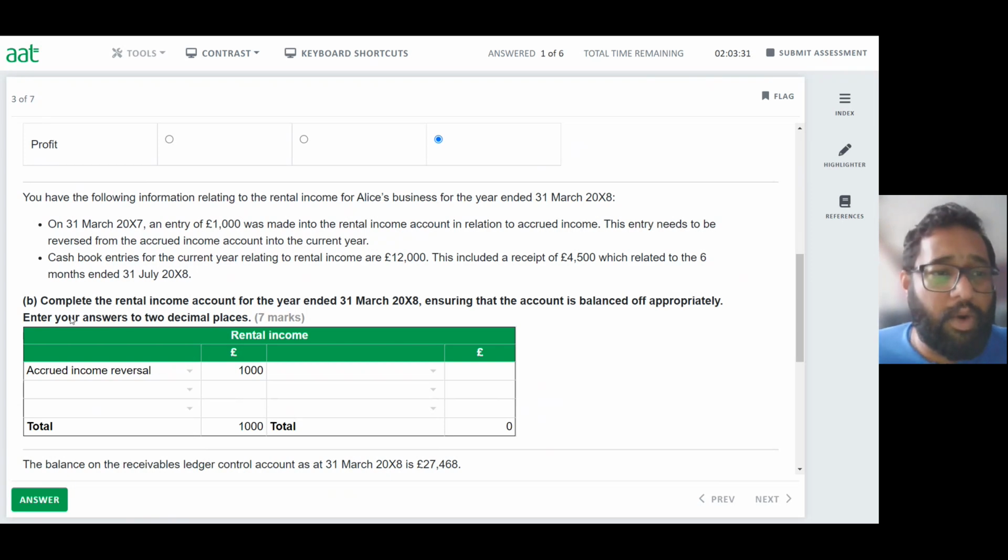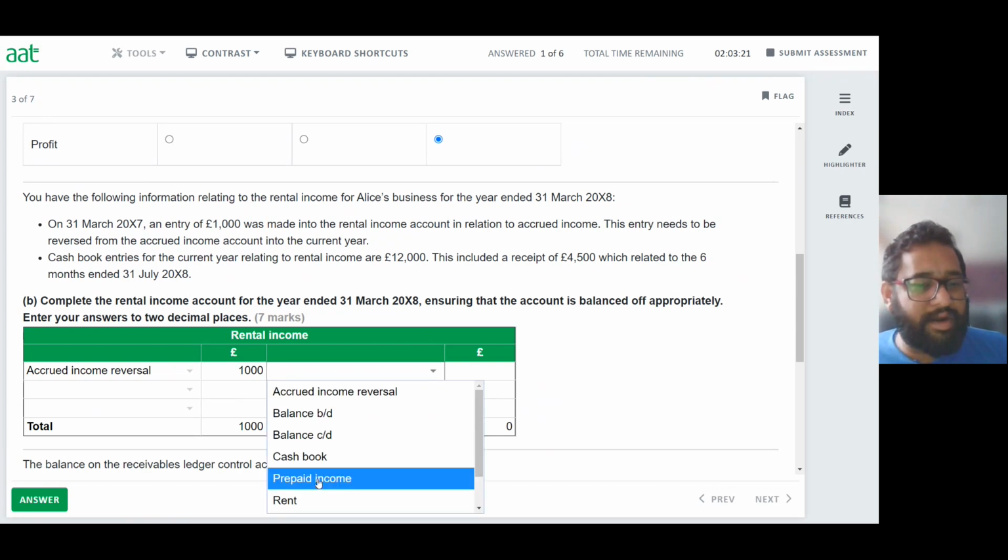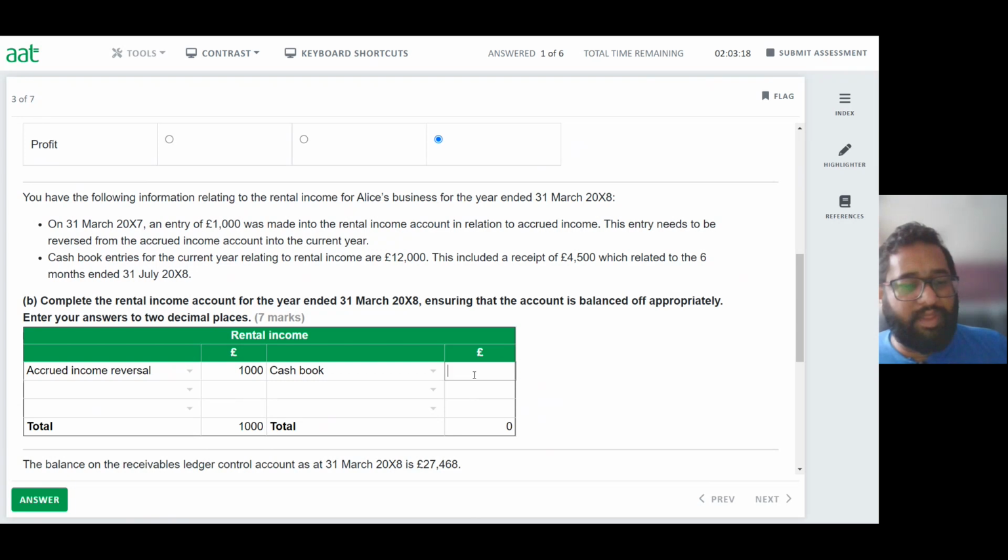The next one, I know the cash book entries for the year related to rental income was £12,000 because it's money coming into your bank account. It's a debit entry. So here we're going to call this a credit entry for the cash book 12,000 because it is an income.